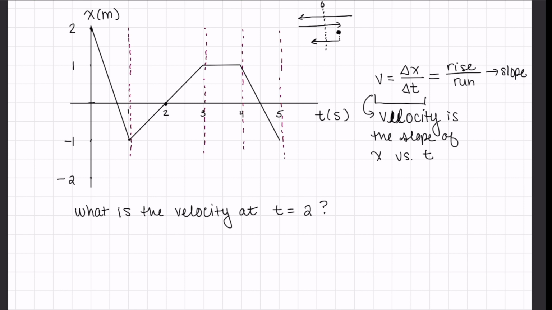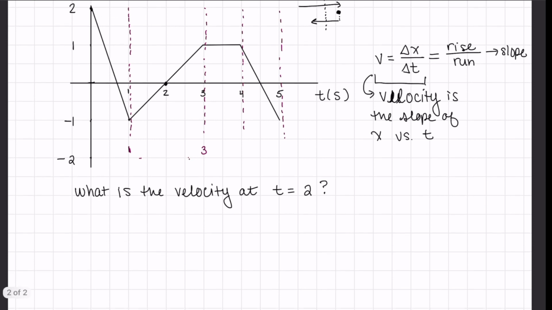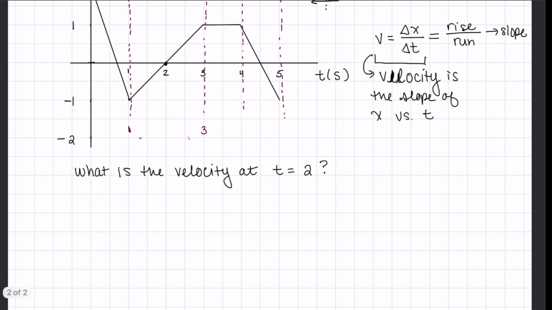So then, since our point of interest lies within the interval from 1 to 3, we can choose any two t points between 1 second and 3 seconds to solve for what the velocity is. So I'm just going to rewrite that v is delta x over delta t.